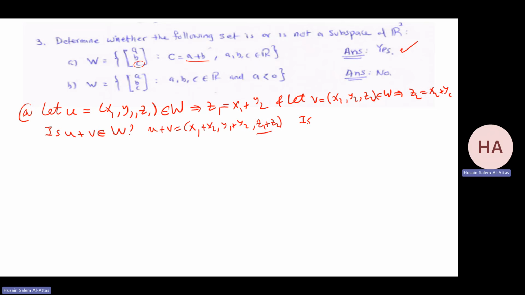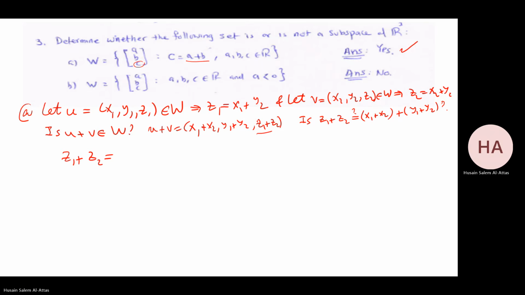The question is: is the third component here the same as the first plus the second? Yes, it's true. Why? Let me start with the third component, z1 plus z2.